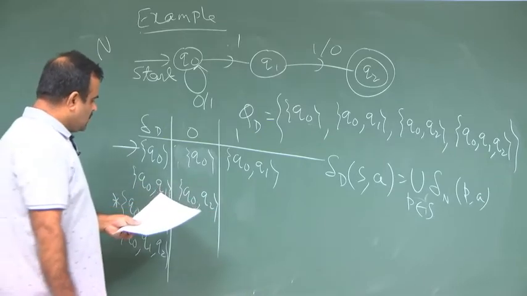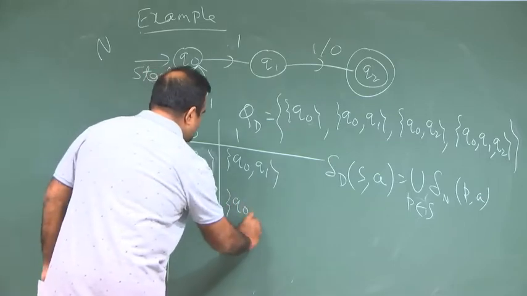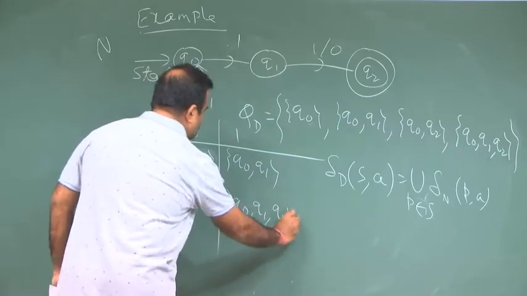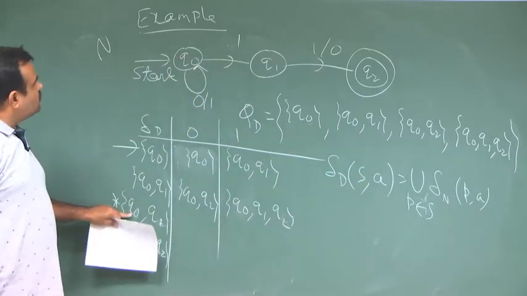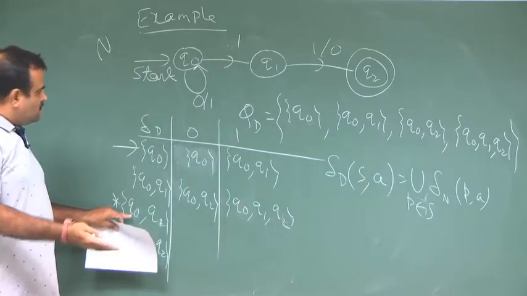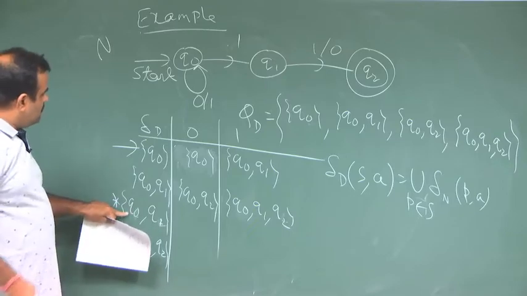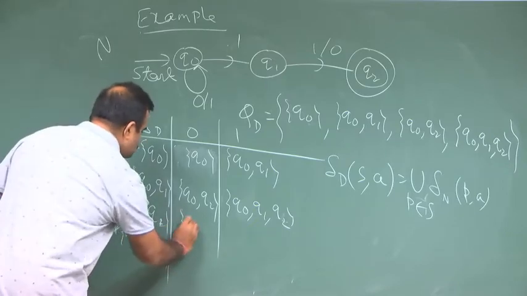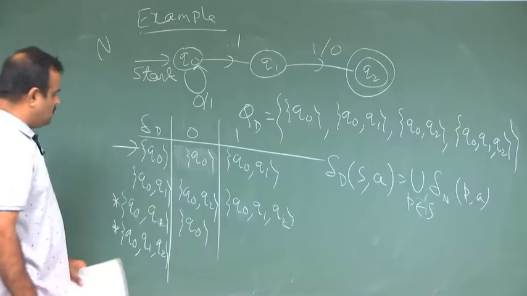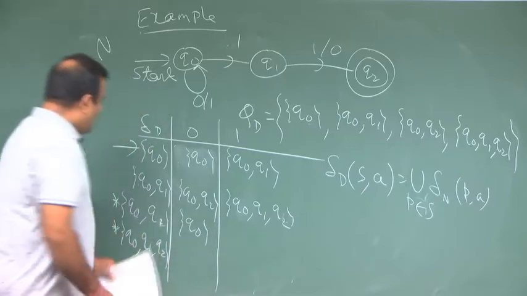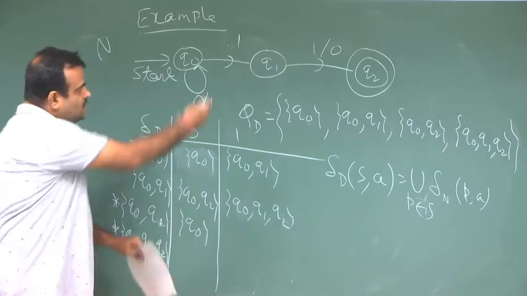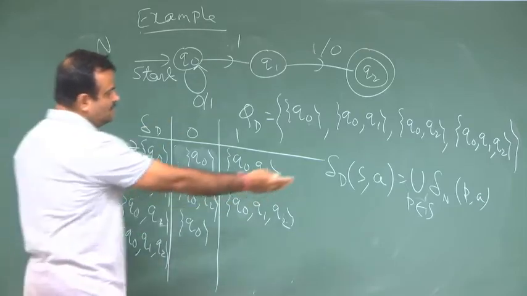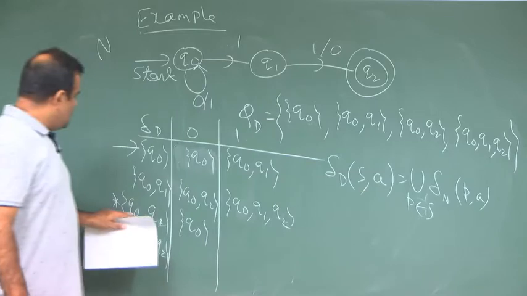So, this is q0 q1 q2 by the union rule. From q2 there is nothing. So, from q0 with 0 we are going to q0 only, and from q0 q2 with a 1 move, from q2 there is no move, that is the empty set, and union with the empty set is the same.